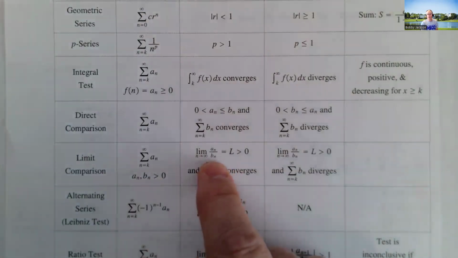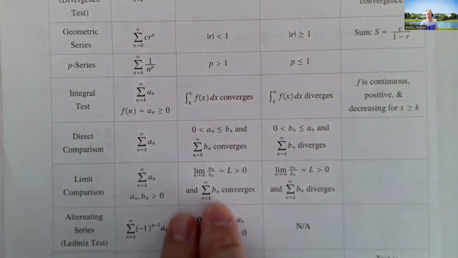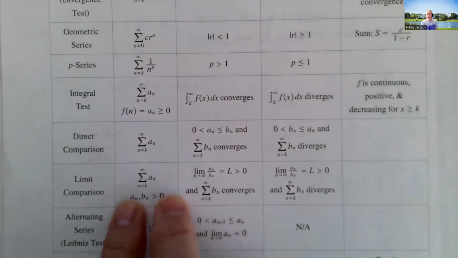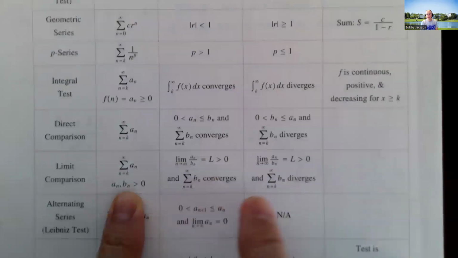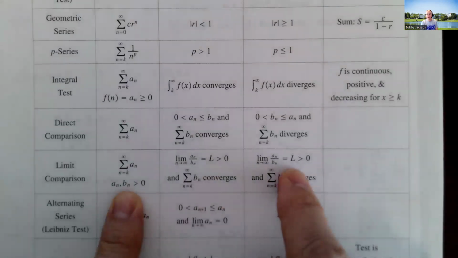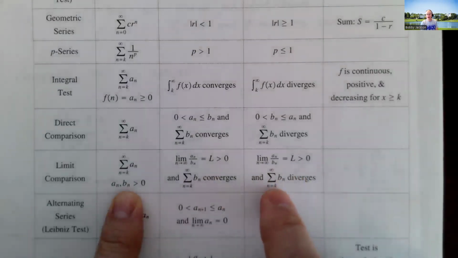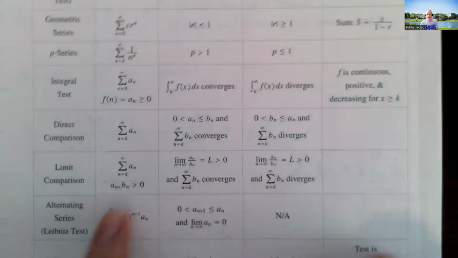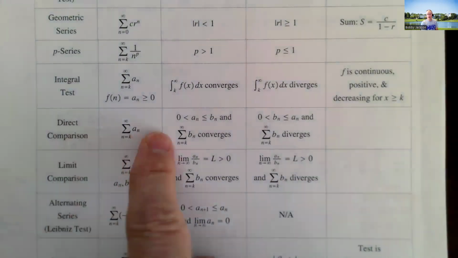And then we look at the limit of this ratio. If that limit is some positive number, and the B sub n's we're comparing to converge, then our series A sub n converges. This is the convergence column. And similarly, if we get that same positive limit, but B sub n diverges, then they diverge together. So we don't have to do the direct comparison like here, getting this inequality to come out.